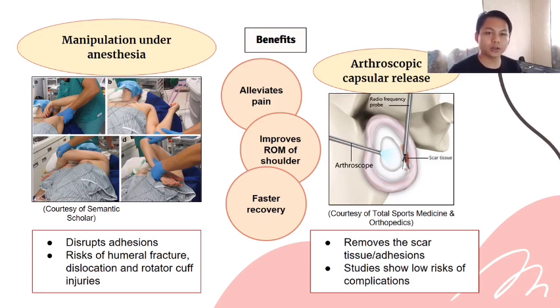This intervention can also remove any scar tissue that exists in the shoulder joint. Based on my research, studies show that this intervention has a lower risk of complications than manipulation under anesthesia. So it is better to perform this type of intervention to treat patients with adhesive capsulitis.